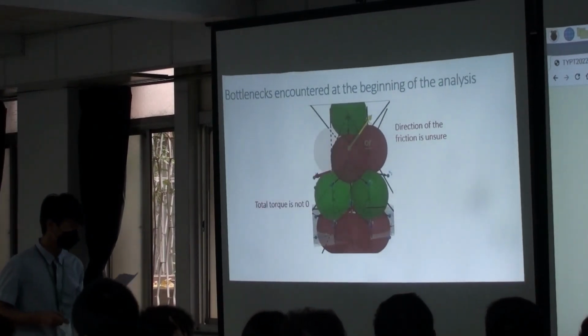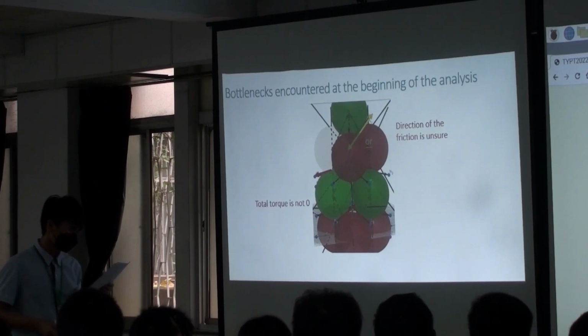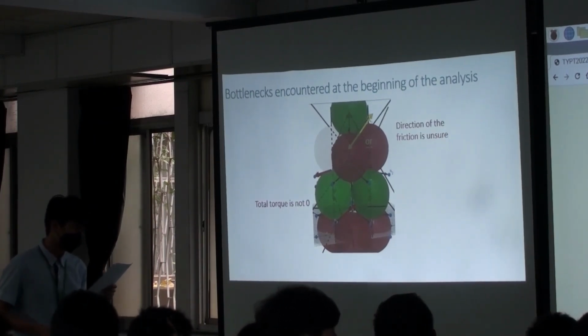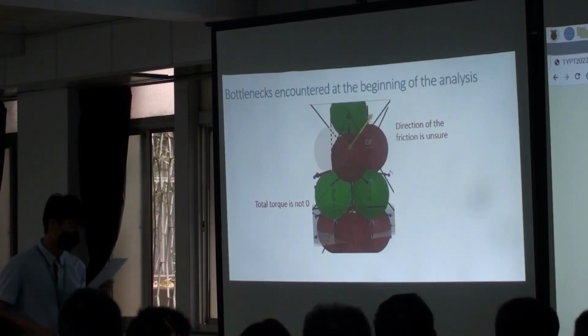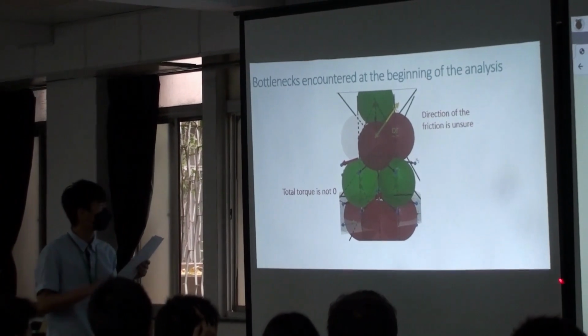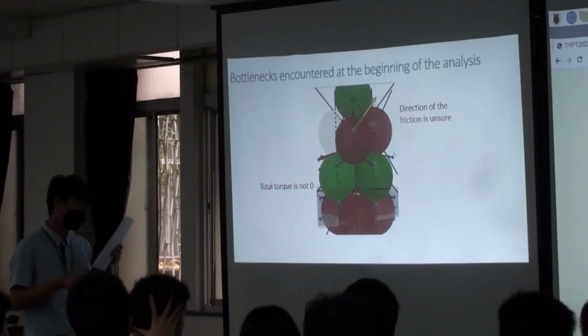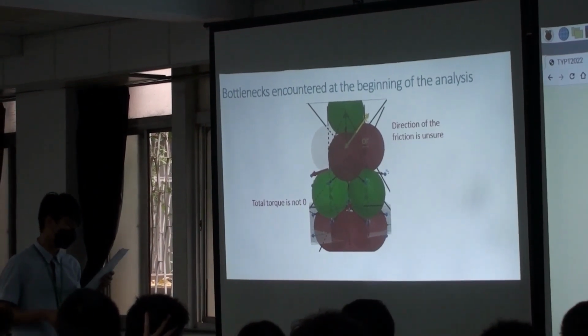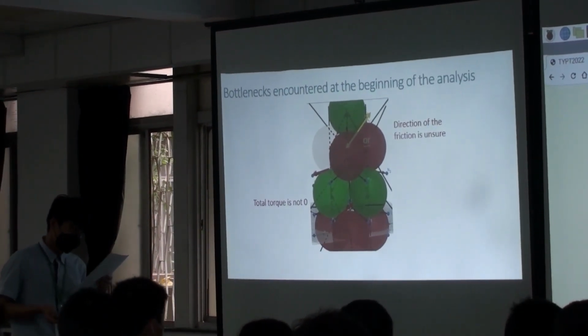This is the first force diagram we drew. On this force diagram, we encountered a question: where does the friction force point? In the same direction inside, or the same direction outside, or one inside and one outside?